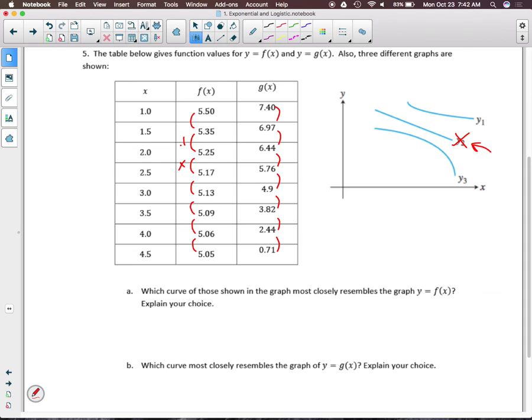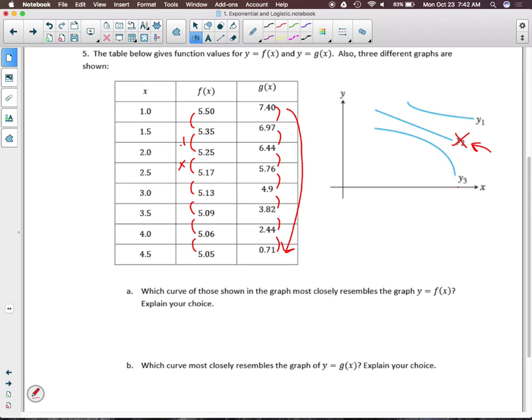Next I'm going to look at is kind of how fast they're growing or shrinking here. So if I look at f of x, it starts off at 5.5 and it ends at 5.05. G of x starts at 7 and ends at 0.7. Okay, so there's a much greater decrease for g of x from start to finish than there is for f of x.